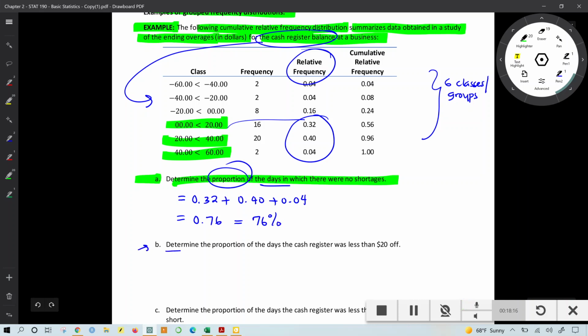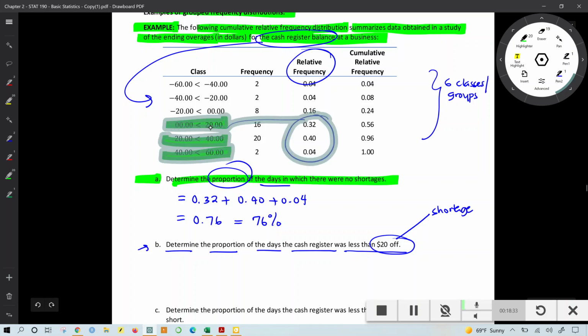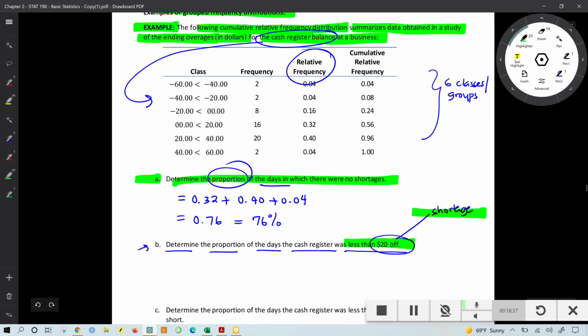Question B. Determine the proportion of the days the cash register was less than $20 off. Less than $20 off could mean off in the negative, which is a shortage. Let's take it one after the other. For the shortages, where it was less than $20 off, that will be right here.